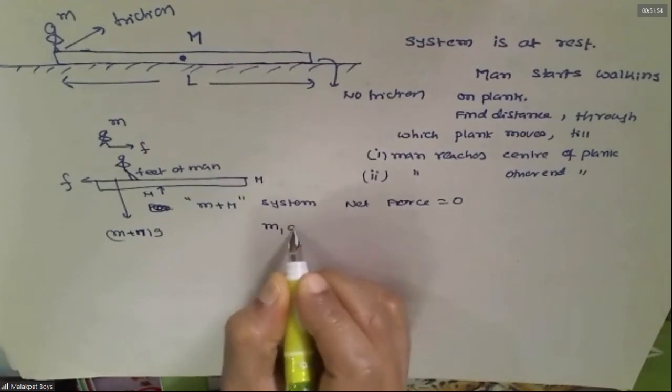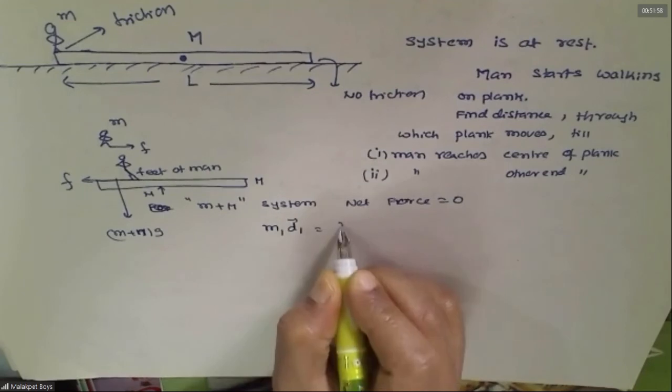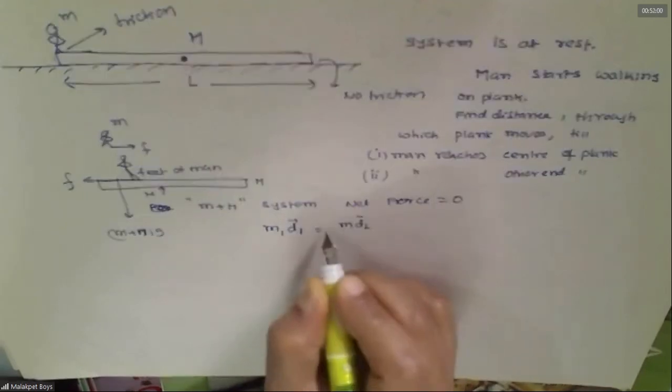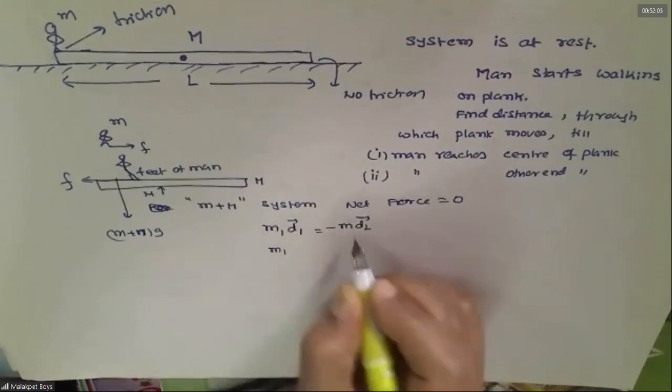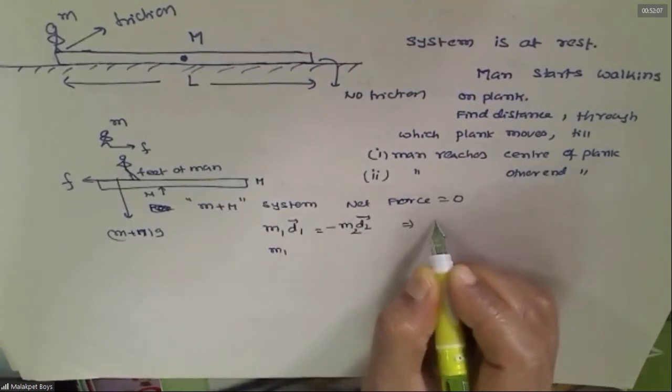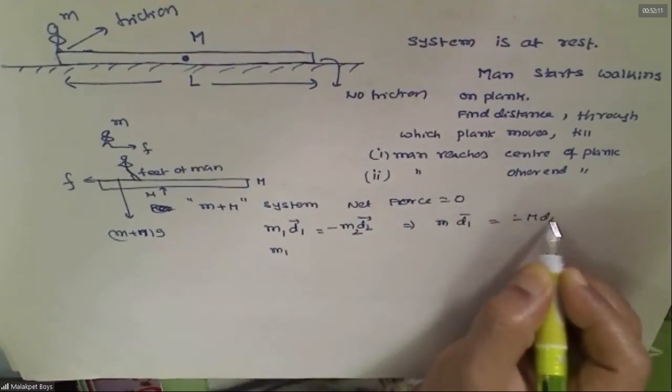This can be used whenever you have a two particle system with no external force, okay? That means M1 and M2. This is M1D1 equals minus M2D2.